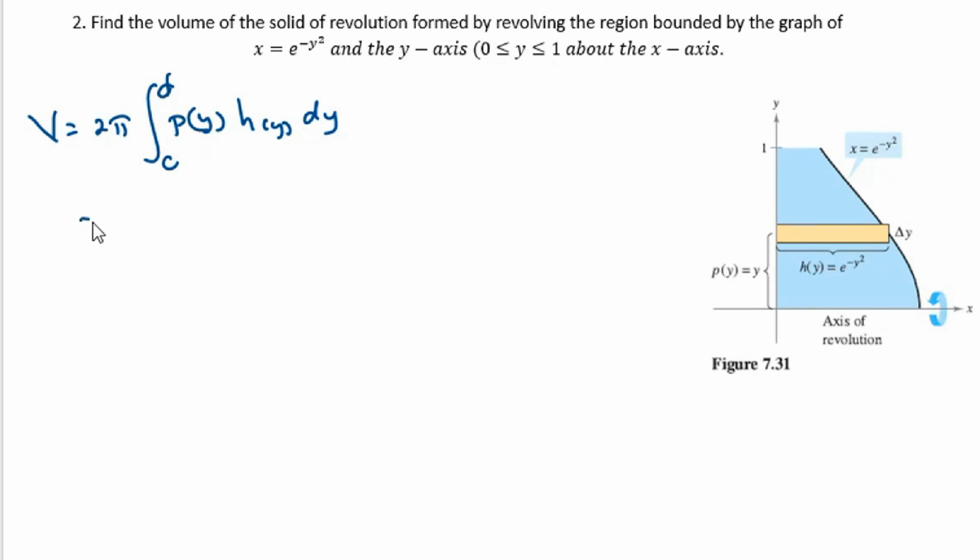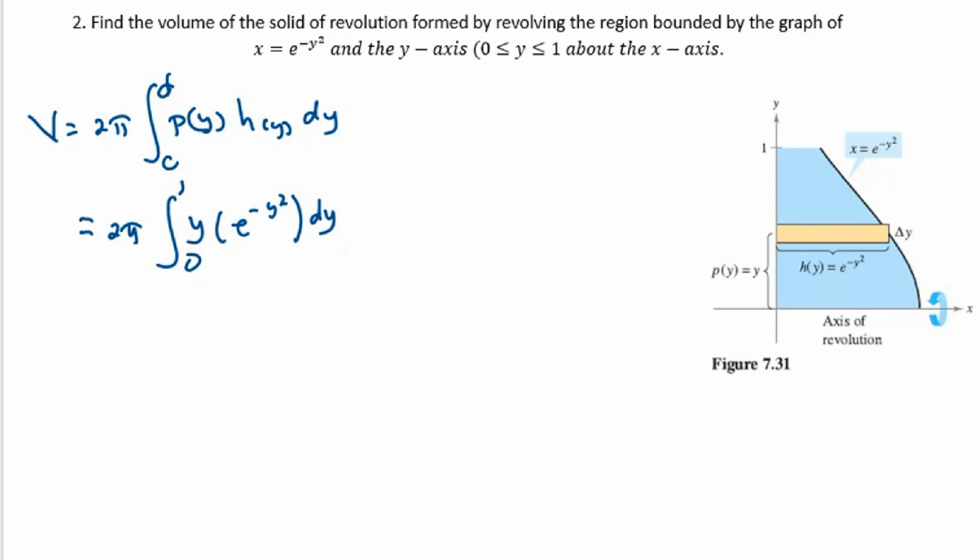Substituting the values, we have 2 pi times the integral of p of y, which is y, times h of y, which is e raised to the negative y squared, dy, with c equal to 0 and d equal to 1.